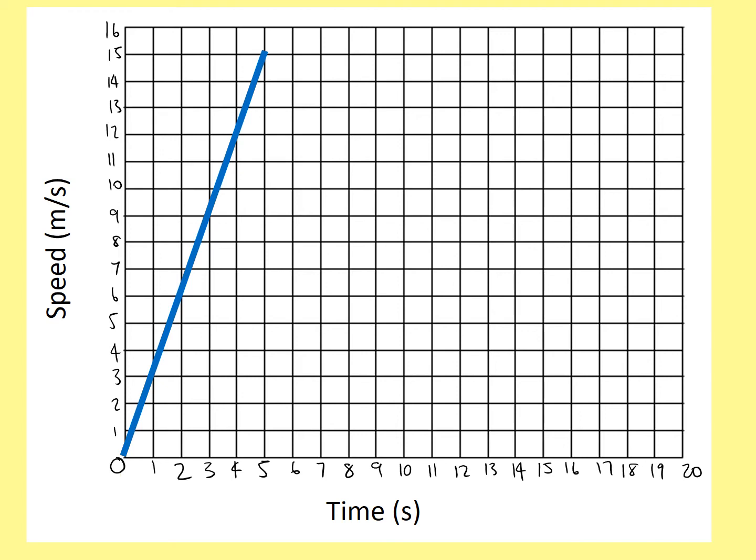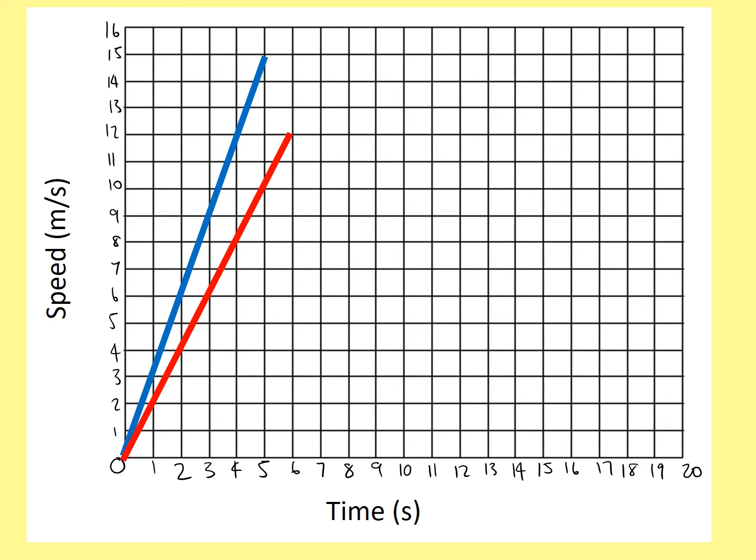And so again, we can use a straight line to represent the acceleration. This tells me how much the speed has increased by on the y-axis, in how much time on the x-axis. And that tells me the acceleration of that object.